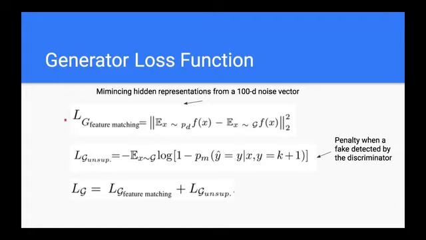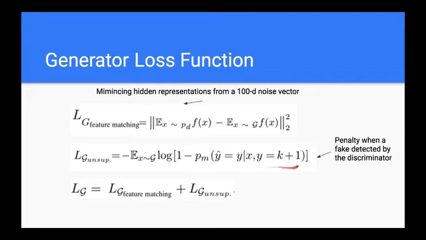And if the generator generates a fake example and it is detected by the discriminator, it will also be penalized. Like this example, if the generator generated one example as a fake example, and the discriminator successfully classifies this fake example as a fake class, then your loss function will be written like this.